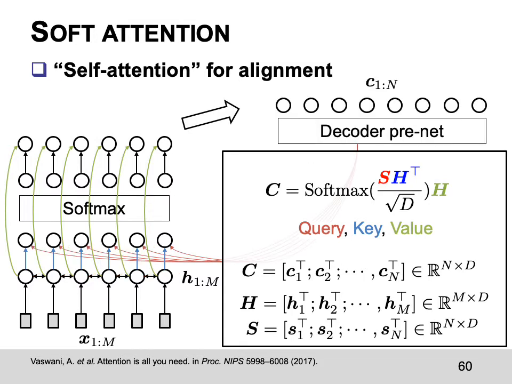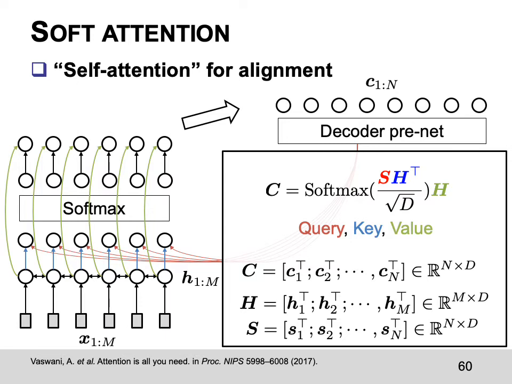Of course, we can also use the self-attention for alignment learning. So in this case, it's just a special type of soft attention based on the scalar dot and content-based attention. As you can see from the equations, in this case, we replace the query matrix with the state from the decoder.